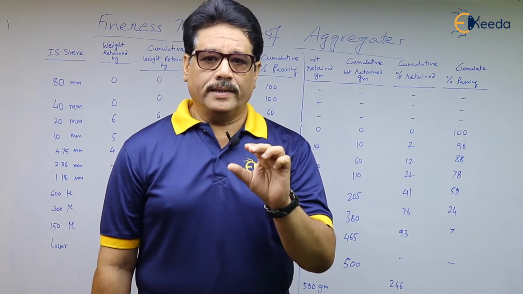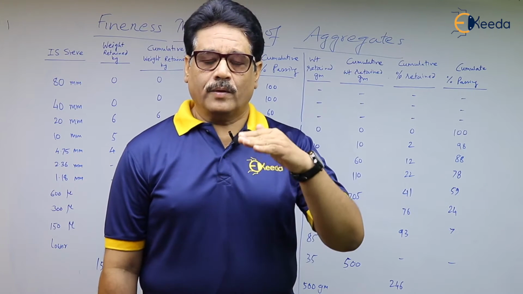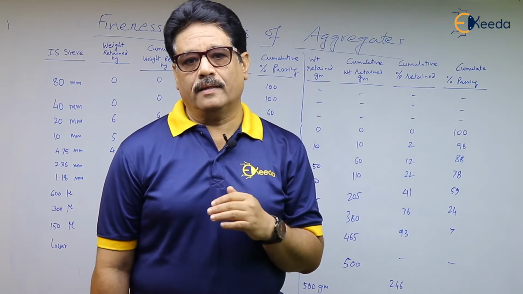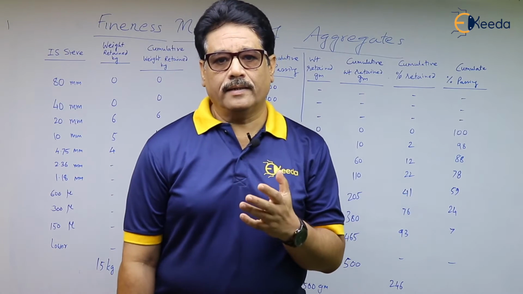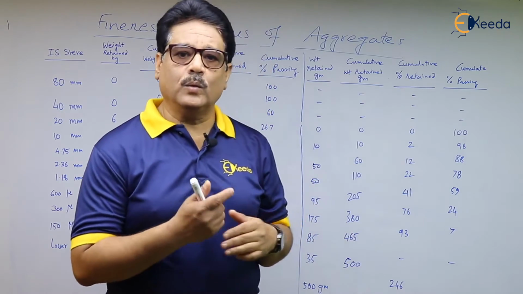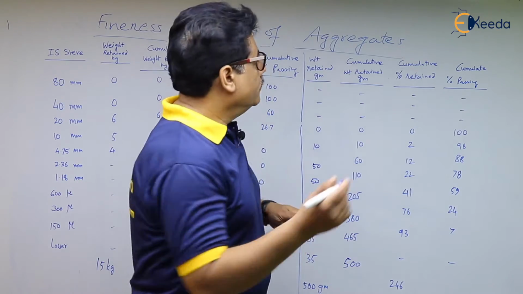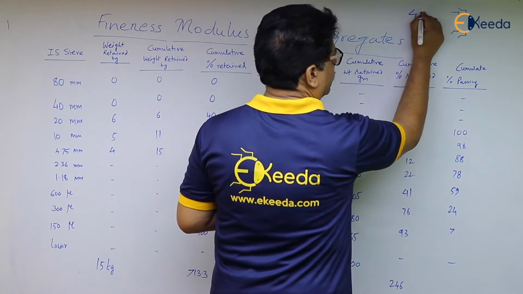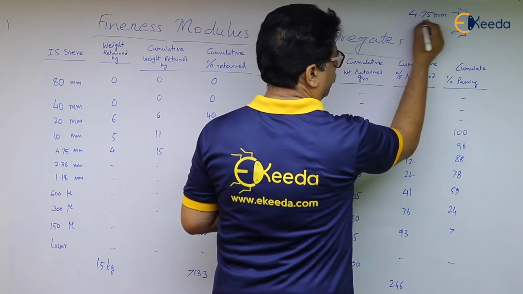The coarse aggregates and fine aggregates, from the point of view of their size, we have already seen, are classified just by the size as fine and coarse.